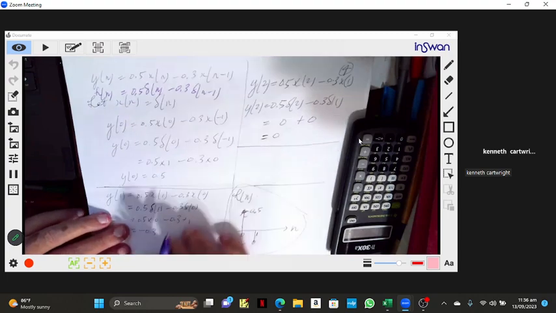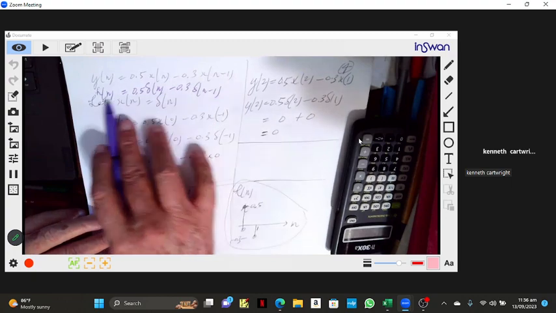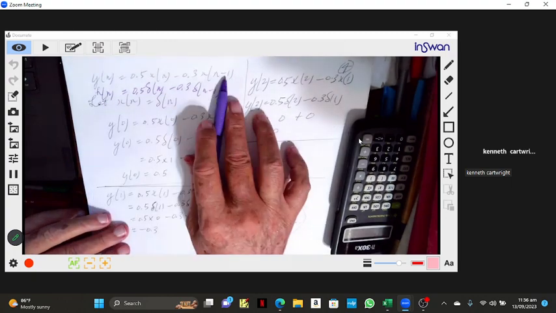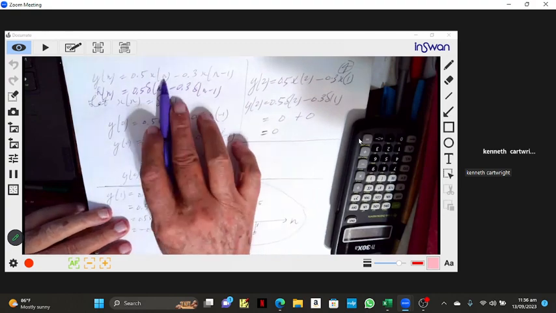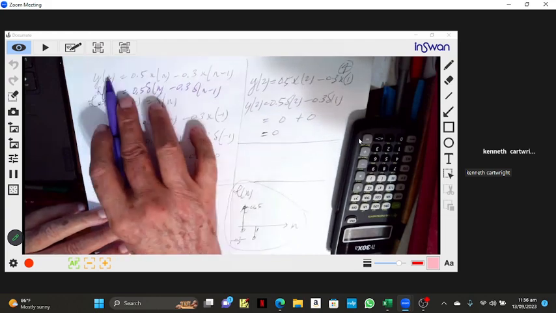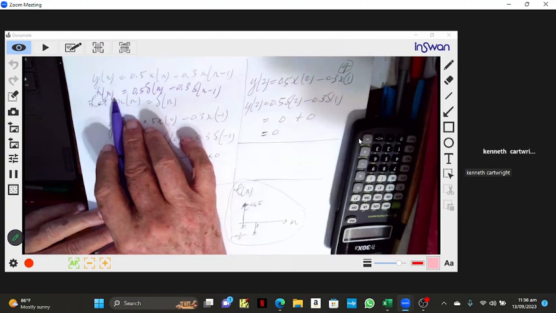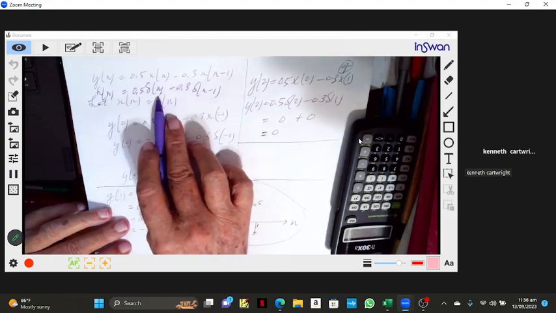Do you see that the impulse response is the same thing as a difference equation, except that the input has been replaced by impulses? The output y is replaced by h, the impulse response, and the input by impulses.